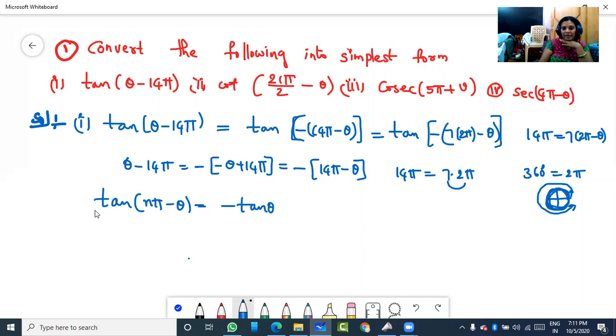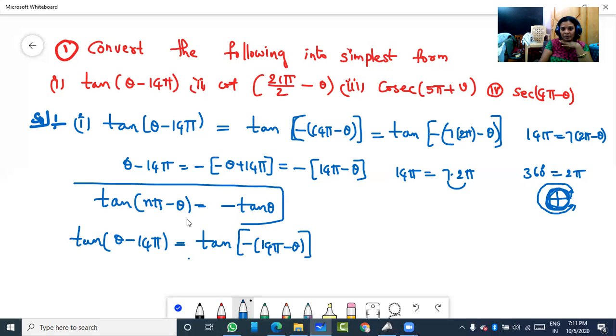Further, we can write tan of theta minus 14 pi: first, we take the minus common from the angles, that is minus of 14 pi minus theta. And by using tan of n pi minus theta equal to minus tan theta, this is equal to minus tan of 14 pi minus theta.